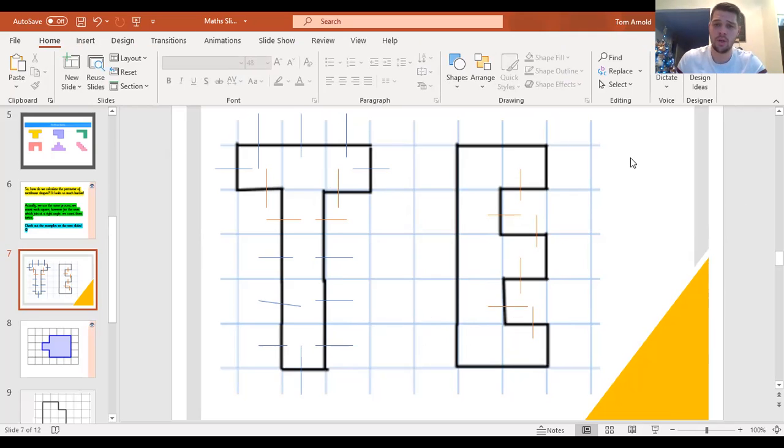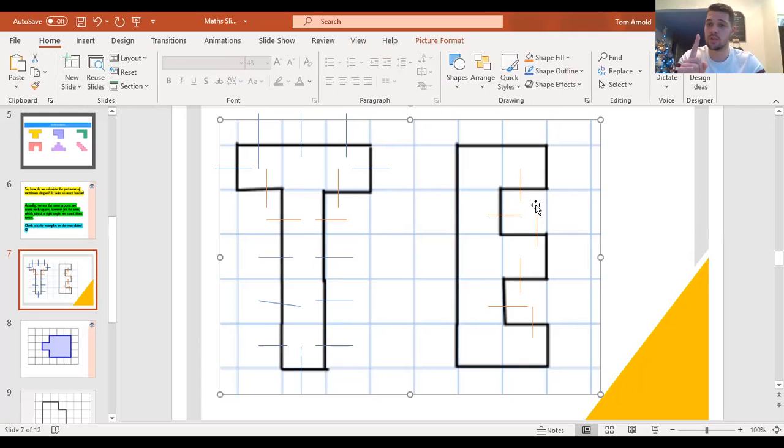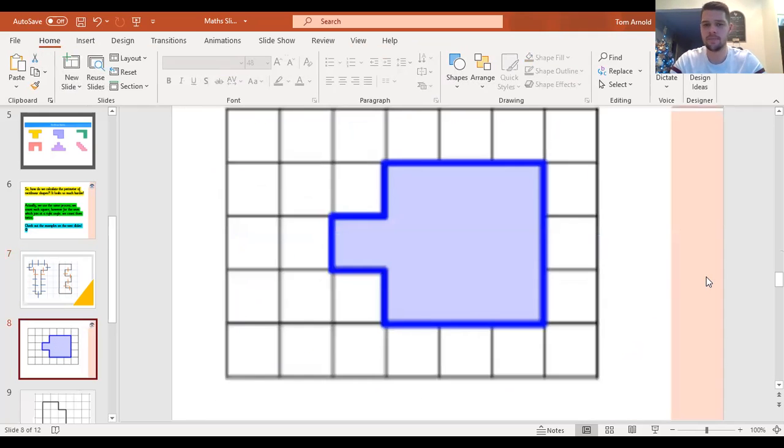If you want to, just try and do it with the shapes that I've already modeled to you, and see if you can actually just do it for yourself and figure out where the right angles are and where I have to put 2 lines or even 3 lines, even though there's just one square. Once you're feeling confident with that, freeze this screen and see if you can figure it out.